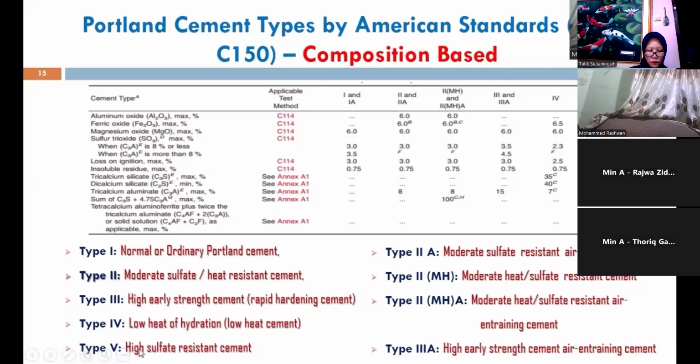So we use this type of cement in the construction. And there is a subdivision of these five types: type A, the same purpose but with air entraining cement. Air entraining admixtures are added to the cement, especially for cold weather, for freezing resistance.